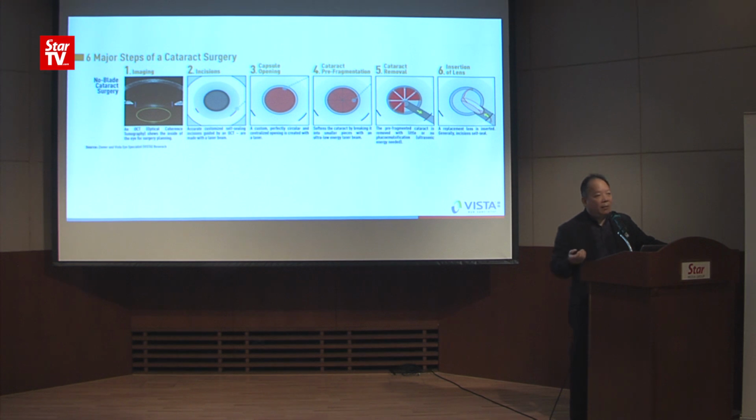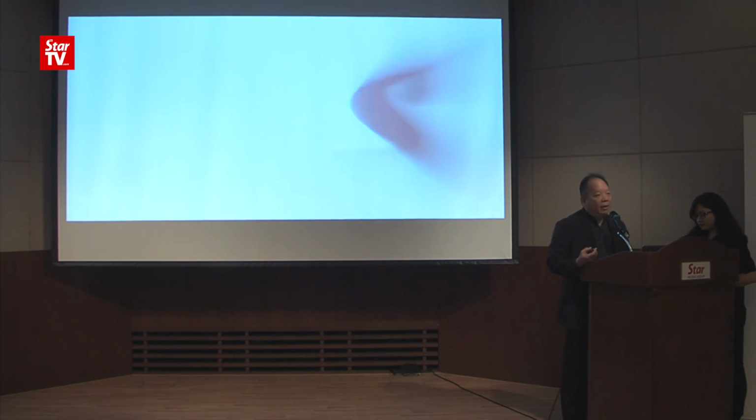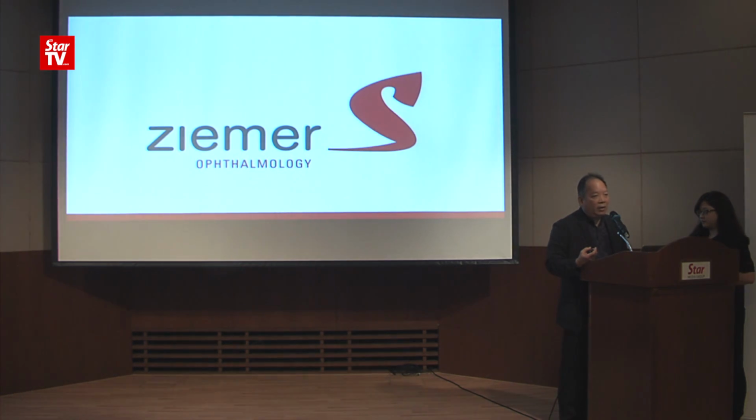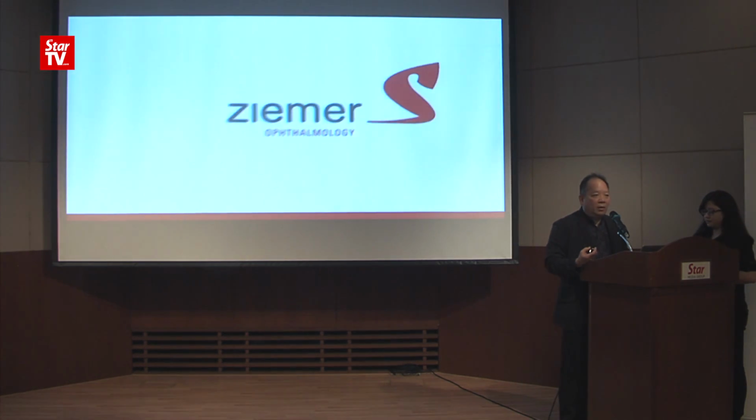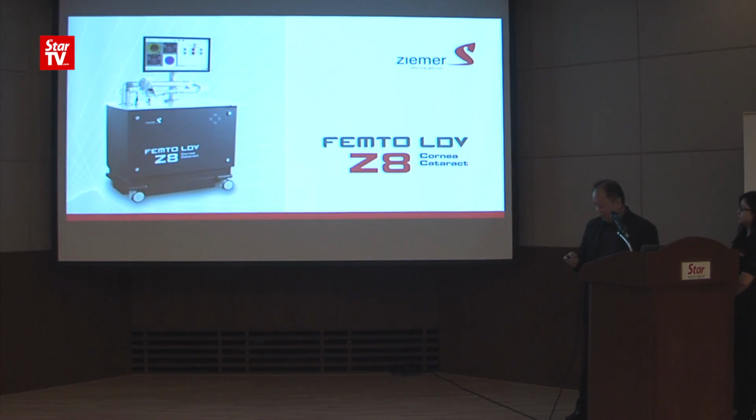Then we are more or less back to the days of ICCE, where the patient has to wear very thick Coke bottle glasses. There's a video here to show you the differences between a femtosecond cataract surgery and a conventional blade surgery, using the Ziemer Femto LDV Z8 laser.